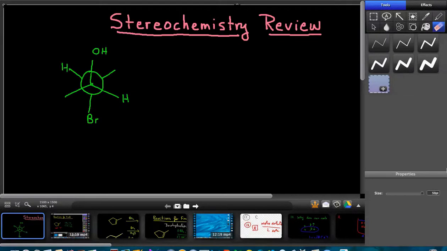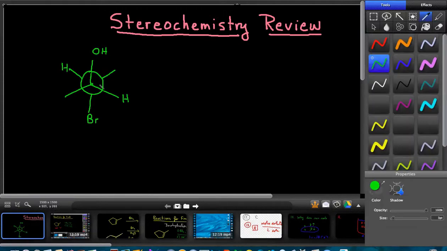Okay, I want to do a screencast that focuses on the stereochemical aspects of your final exam. One type of problem that you need to be comfortable doing is, given a Newman projection, as the one I have shown you right here, you need to determine relative stereochemistry, even name the compound.